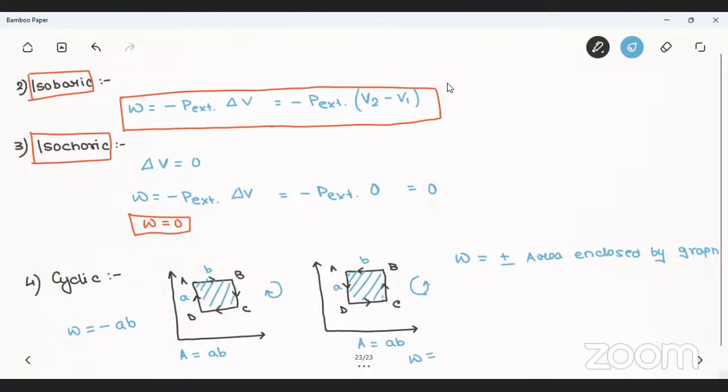If it is clockwise, you will put a negative sign. If it is anti-clockwise, you will put a positive sign for the work done. Did you understand how to put a positive or negative sign? First find the area enclosed, then see whether it is clockwise or anti-clockwise and solve accordingly. Is this part clear?